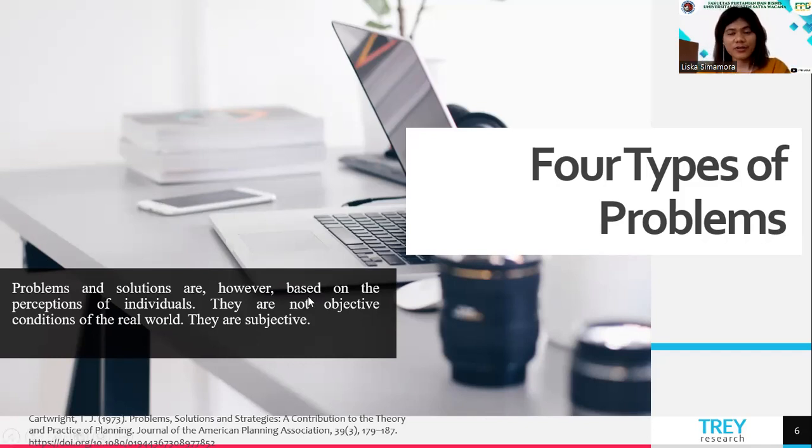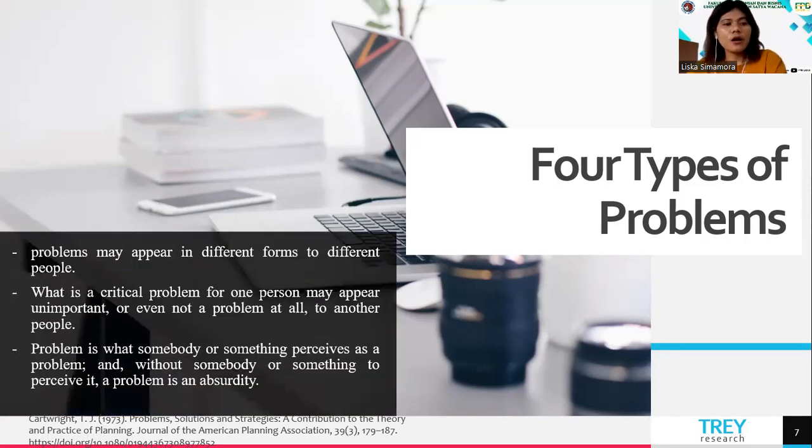That is the meaning of this statement. They're not objective, but subjective, depending on the people who face it. Some people will think that is a problem, and other people will think that is not a problem. But some problems really are a real problem for everyone, right?